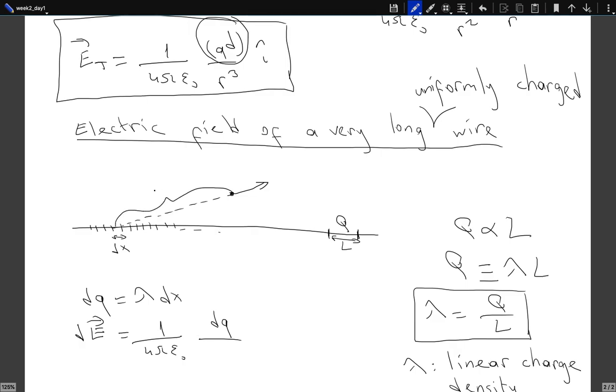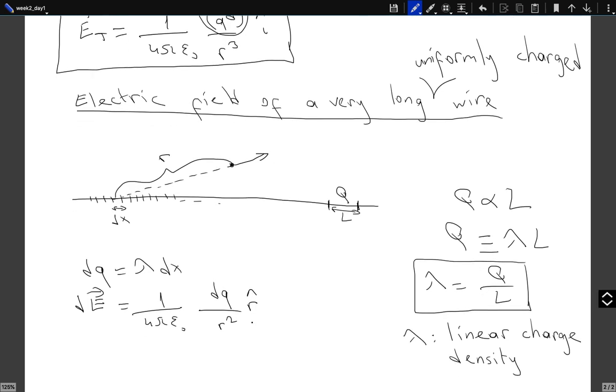Let me call that distance r, so r squared, multiplied by the direction of the electric field, which I denote by r hat. This is the electric field created by this very small segment.